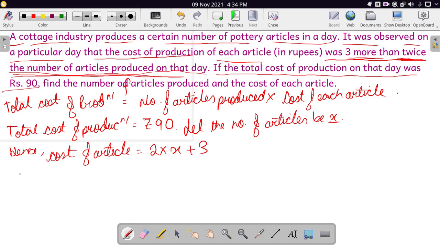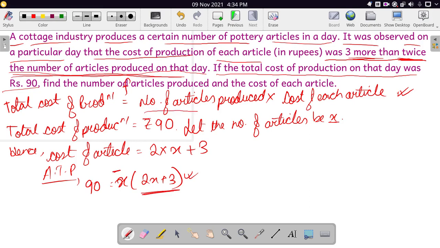Now, cost of production is equal to, we did this. So what we will do is: 90 is equal to X into 2X plus 3. Why X into 2X plus 3? Because the cost of each article is this thing, and the number of articles produced is X. Look at the formula.